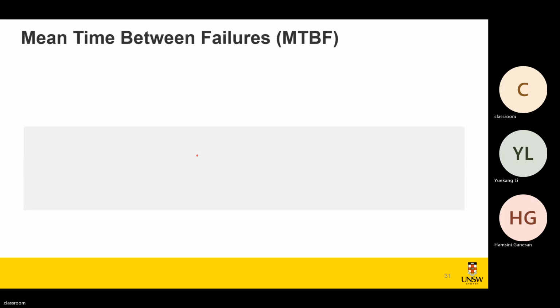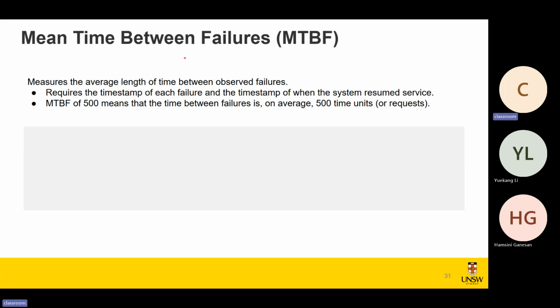Another metric related to the time-based failure is mean time between failures. Mean time between failures is basically the average length of time between two observed failures.